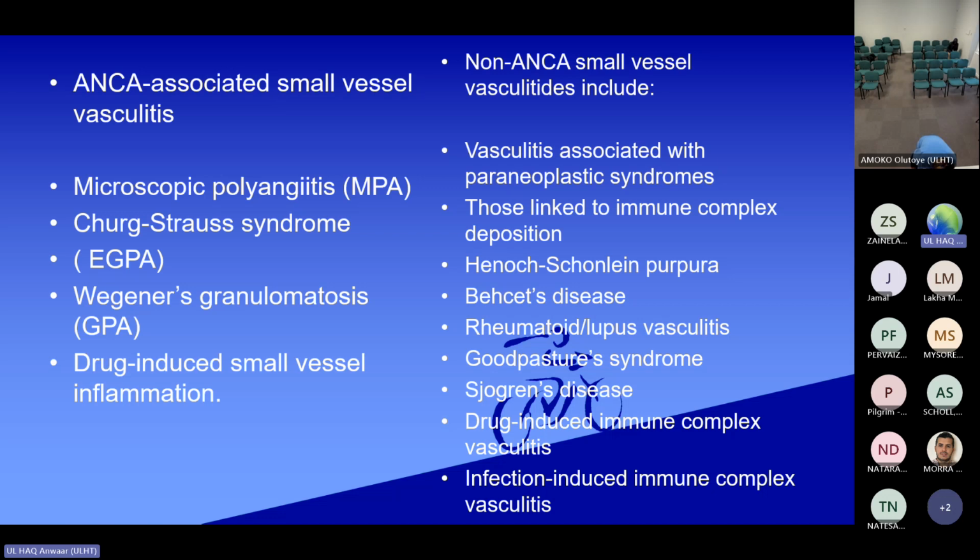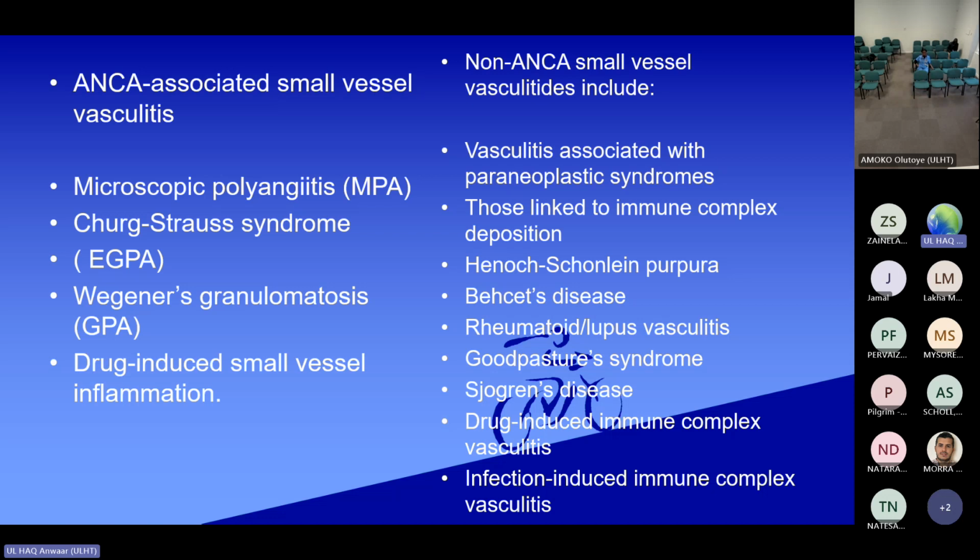One is microscopic polyangiitis, that is MPA. The second is Churg-Strauss syndrome, which was previously called that, but now it is called EGPA, eosinophilic granulomatosis with polyangiitis. And then Wegener's granulomatosis, the previous name, and the new name is GPA, granulomatosis with polyangiitis. Sometimes ANCA is also positive in drug-induced blood vessel inflammation.